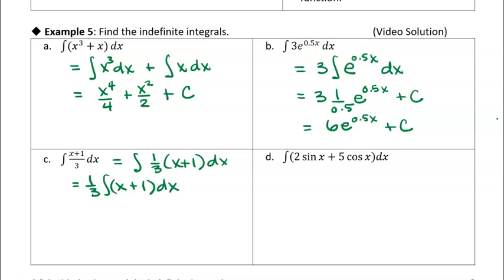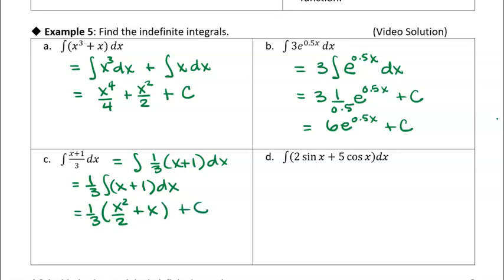I got two terms, but I'm not going to bother breaking that down into two different integrals because I'm just going to take the antiderivative of each term. And so I'm going to get 1/3, and it's times the whole antiderivative, so I need parentheses. So I'm going to have x squared over 2 plus x, and then plus c.